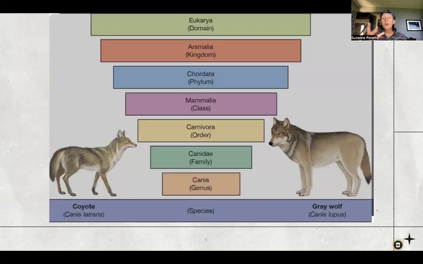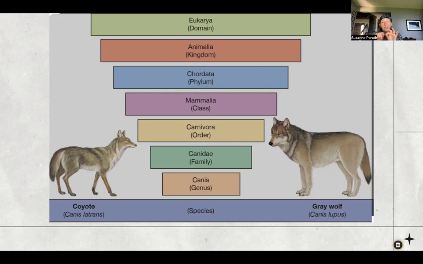So if you remember something like this back in your high school science class, there's the scientific names and classifications of animals. And the difference between a coyote and a gray wolf comes down to the species. So again, if you think about critical theory, critical pedagogy, critical literacy, and then new literacies would be the really specific thing.